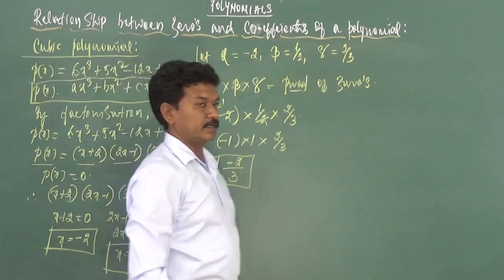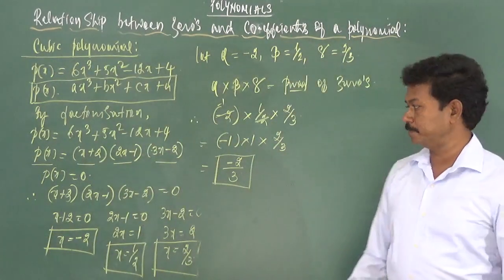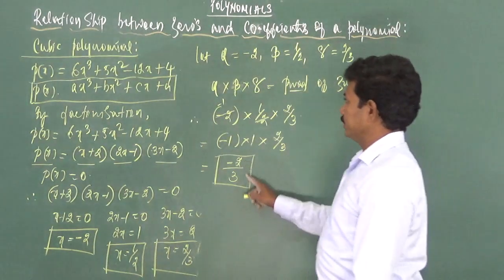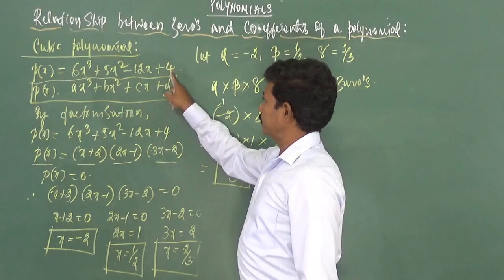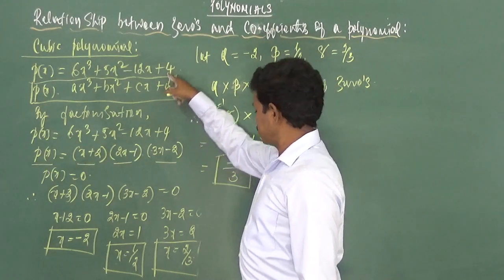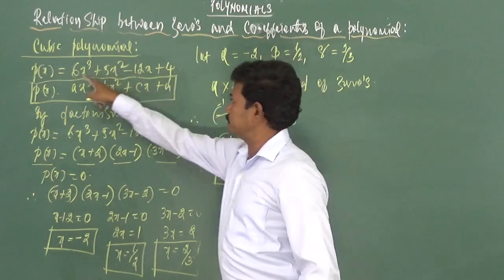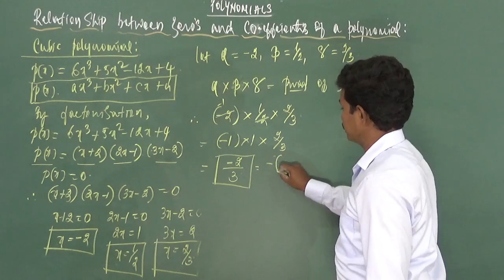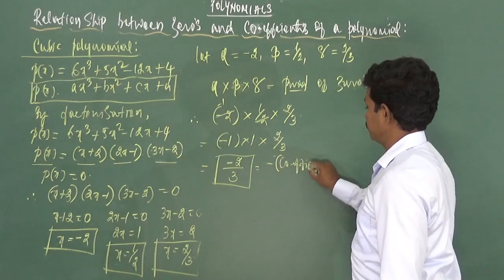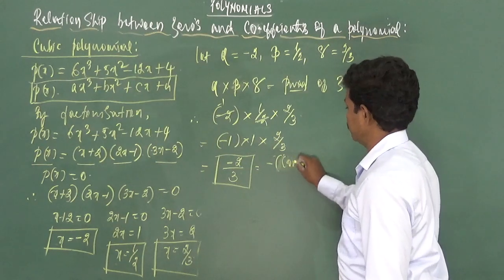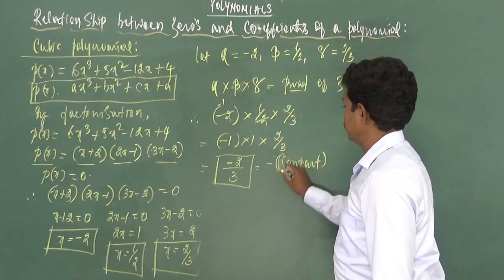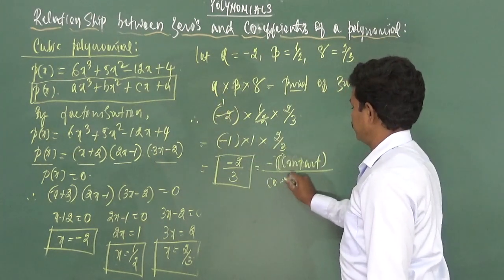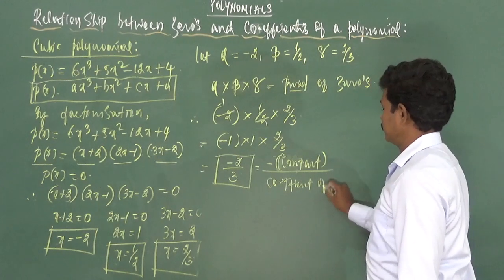So we have to compare this with the coefficients of the polynomial, right? So minus 2 by 3 is minus of constant, not coefficient, minus of constant divided by 6, that is coefficient of x cube.